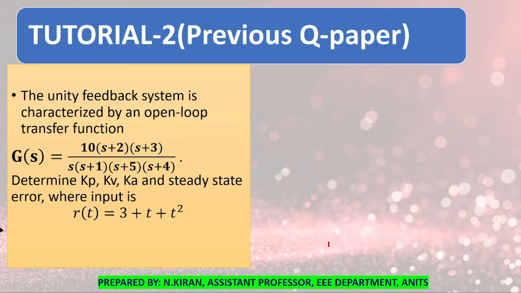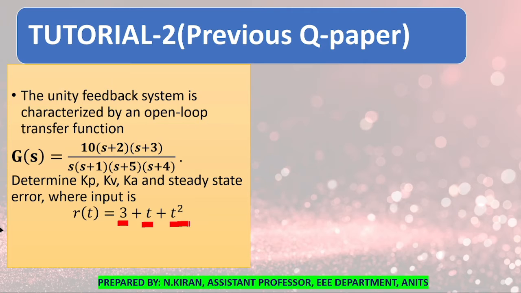we know the values of Kp, Kv and Ka, and the input is also given as a sum of step, ramp and parabolic. So 3 is indicating step input, t is indicating ramp input, t square is indicating parabolic input.